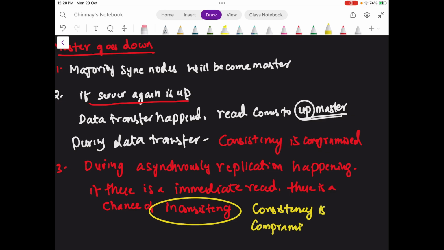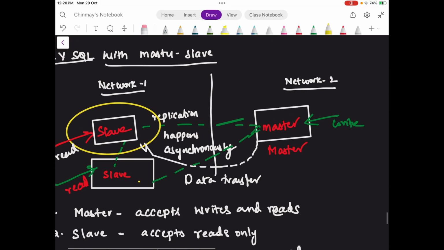Okay, let's assume there is a master and slave here.